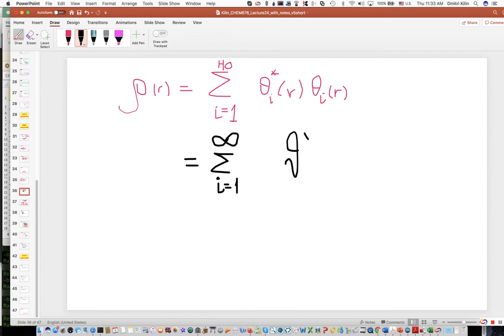Theta star i, theta i without star. Are the pink and black equations equivalent? I think they're only equivalent when there is no electron in the excited state. Okay. And what should I do to make them equivalent?